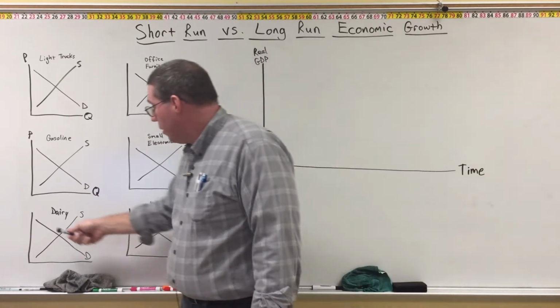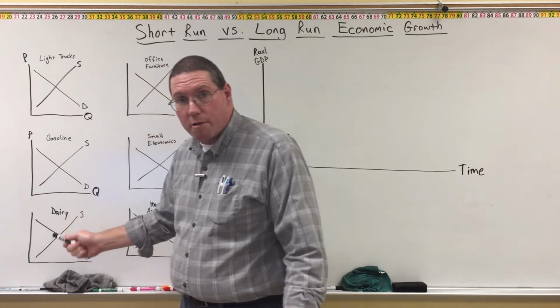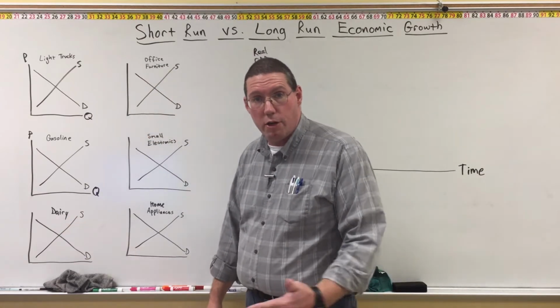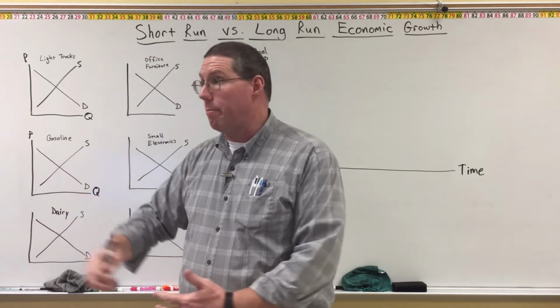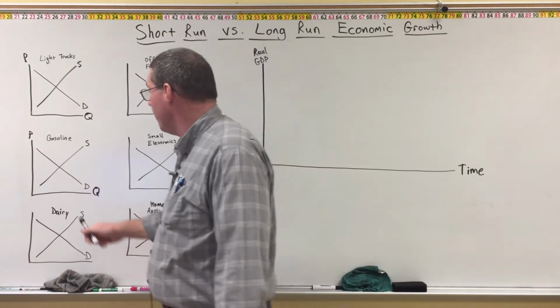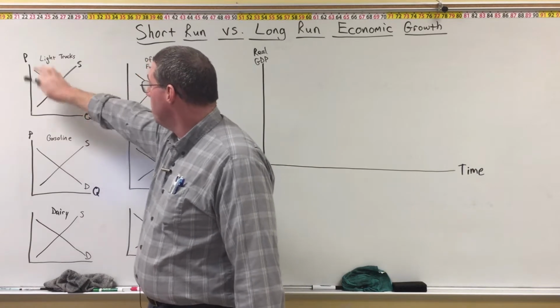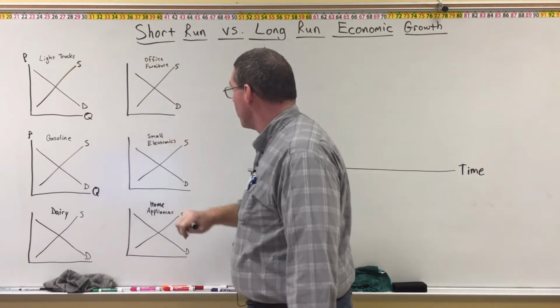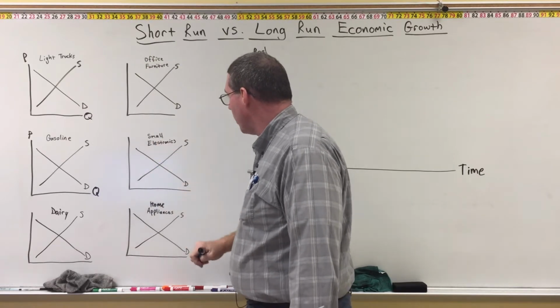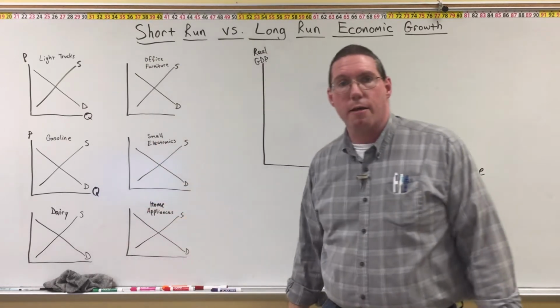So for example, here's the market for dairy products like milk and cheese and yogurt. Here's the market for gasoline, which is demanded by almost everyone in the economy for their vehicles. Here's the market for light trucks. Here's the market for office furniture, the market for small electronics, and the market for home appliances.